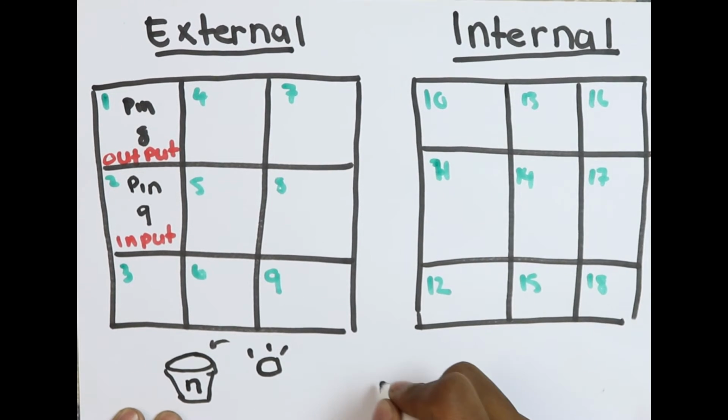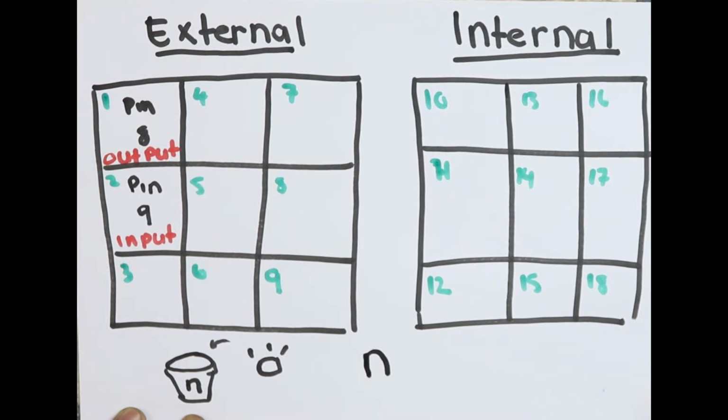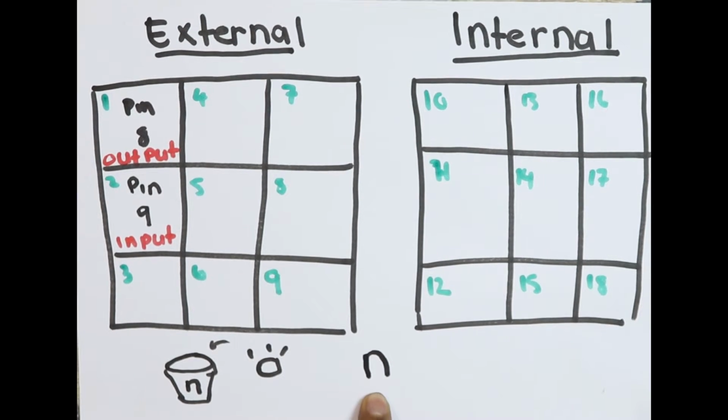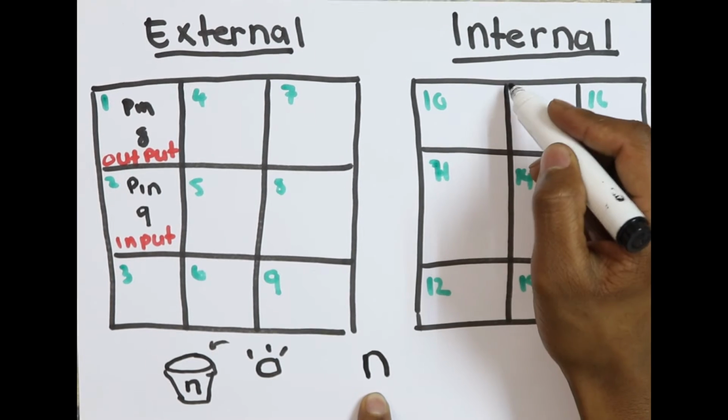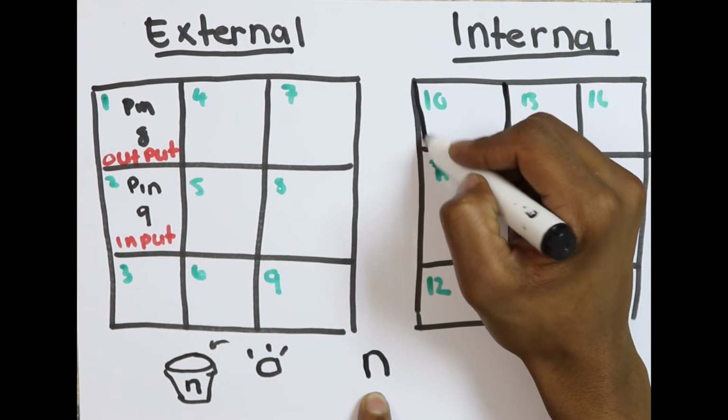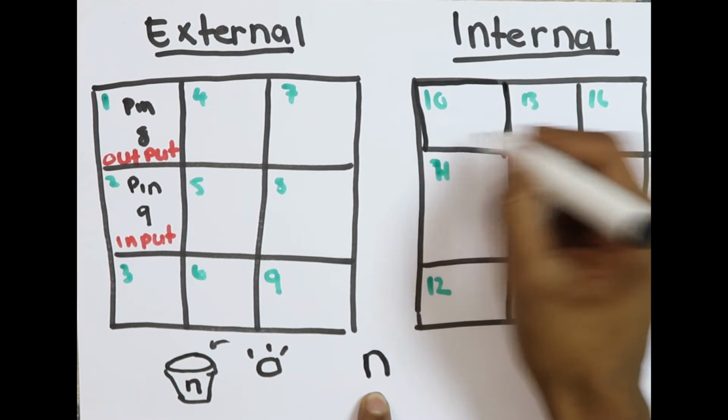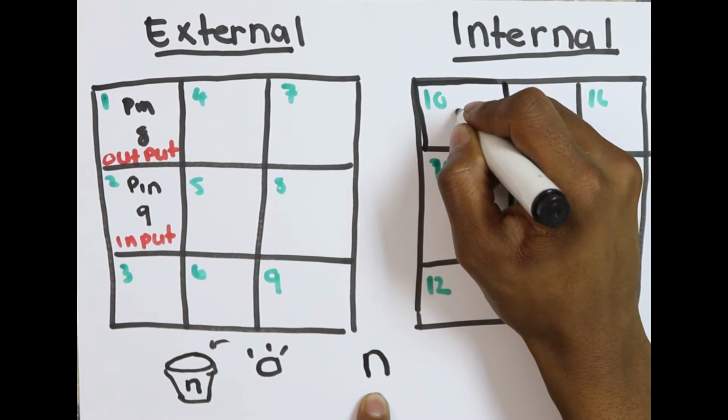In our case, our label is N. We're going to call that section N. So we write an instruction saying that I want you to go to your memory, create and reserve a space for me, and I want to call this space N.